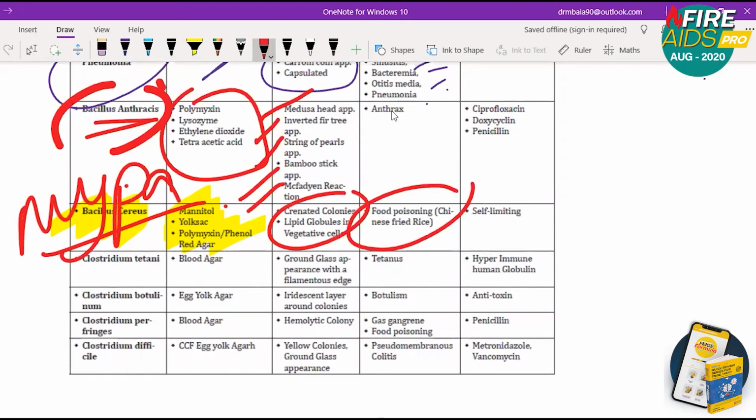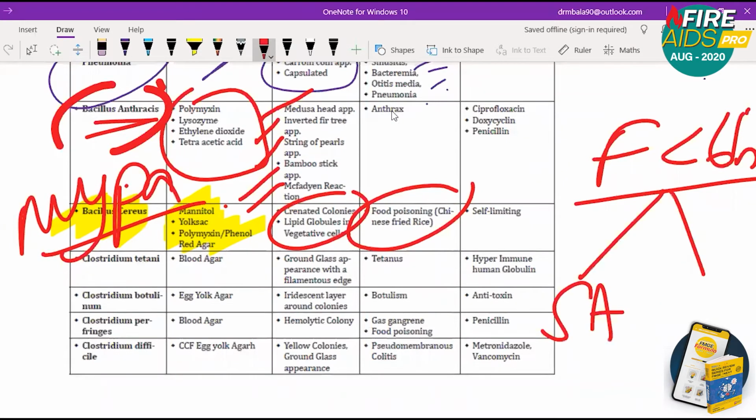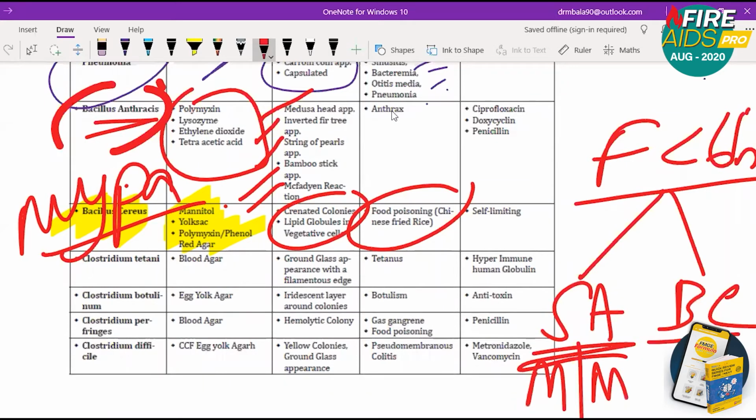Food poisoning in less than 6 hours can be either Staphylococcus aureus or Bacillus cereus, only these two, if you get this in the exam. If the patient had meat or milk, it's going to be Staphylococcus aureus. If the patient had Chinese fried rice, it is going to be Bacillus cereus. Straight point in MCQ.